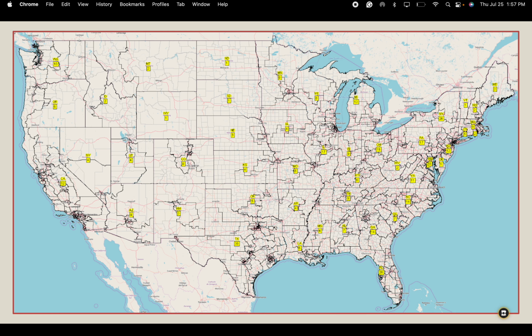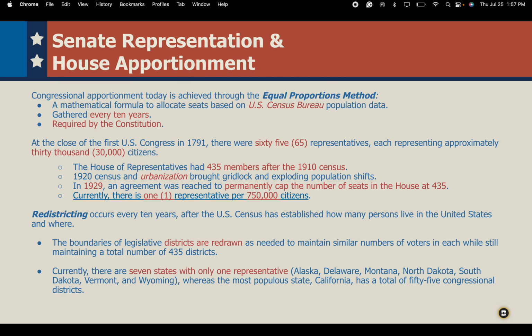We categorically place these into congressional districts and then dole out the representation based off of that allotment. We use what is called the equal proportions method, where every 10 years we use the United States Census to collect population data on all the citizens within the United States. This is required by the Constitution and has been done since our country's founding.